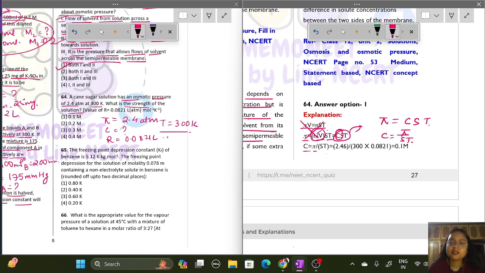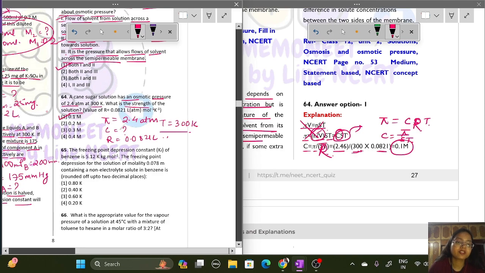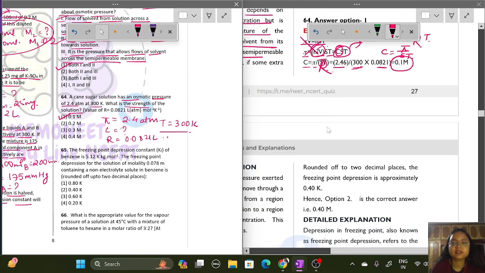Now pi is given as 2.4, and the temperature is 300 Kelvin and R is 0.0821, which comes out to be 0.1 molar. So the concentration for this question will be 0.1 molar.